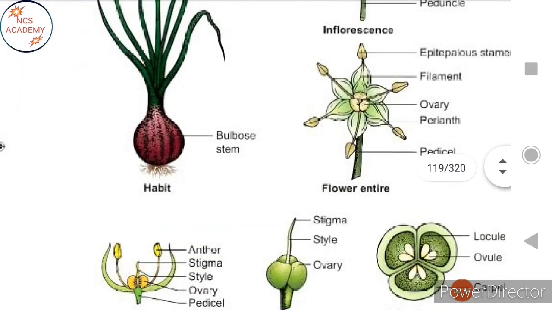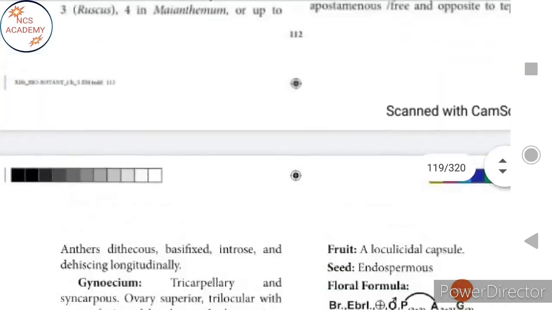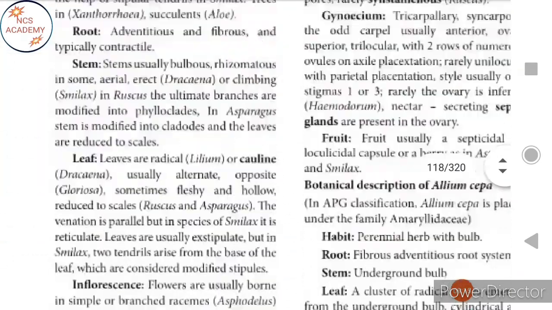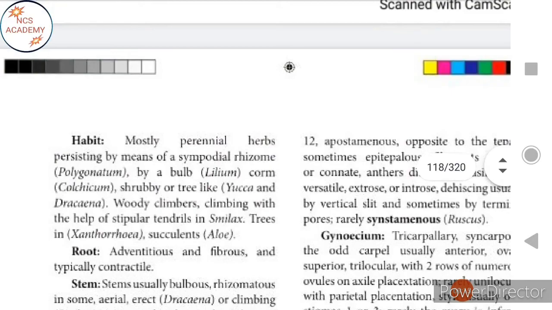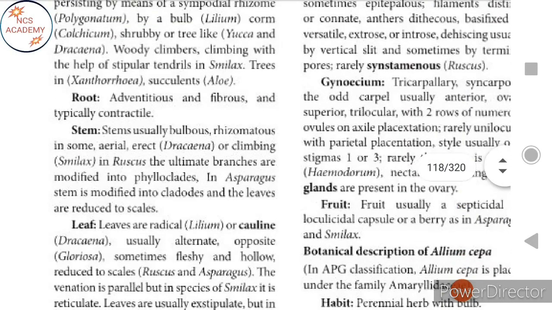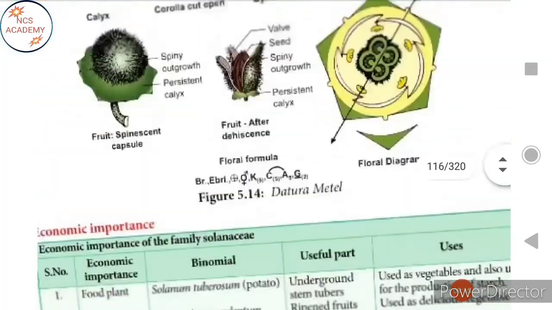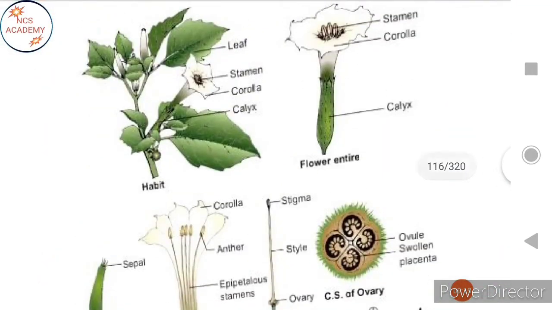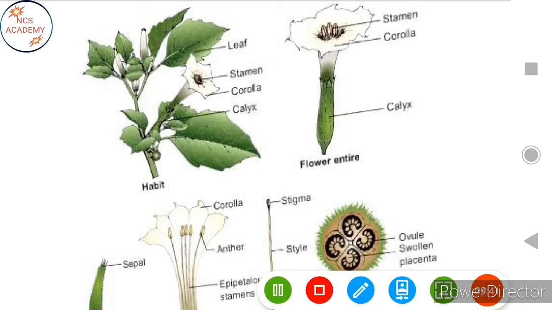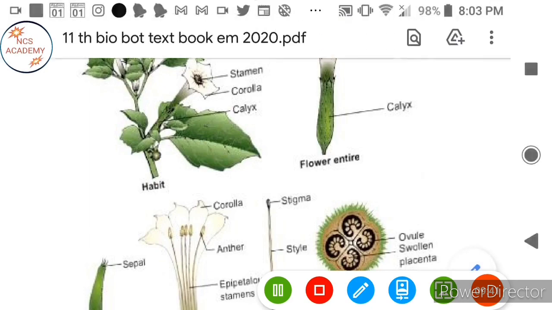You have to write the differences right from the habit up to fruit and seed. Got it? Just put a tabular column and write it like this. Here the habit, flower, androecium, gynoecium, everything is given here.